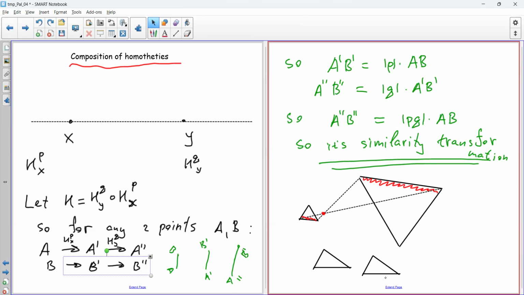So they cannot be related in a similar way. But this situation may arise as the result of this construction just if p times q equals 1. That will result in the triangle with double primes having the same size as this.